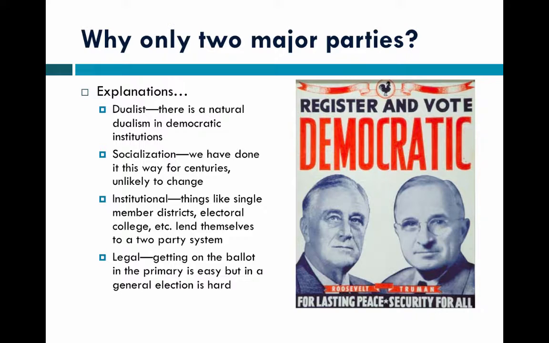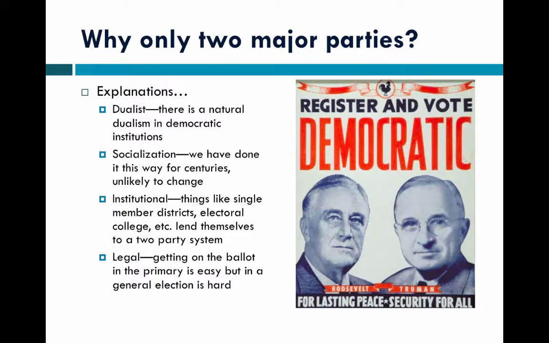First, there is a dualist idea that there's a natural dualism in democratic institutions. You're either voting for someone or against someone, and so therefore it makes sense that there are only two. That doesn't make a whole lot of sense considering the myriad of countries that have more than two parties and have democratic features. So this dualist explanation right out of the gate seems somewhat implausible.